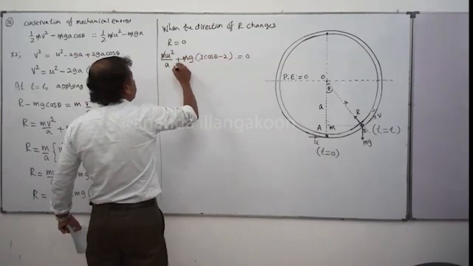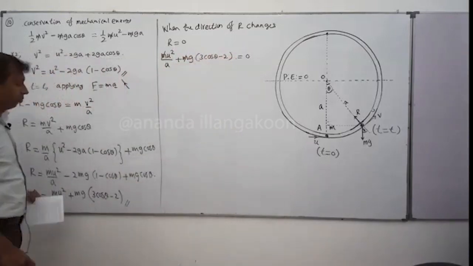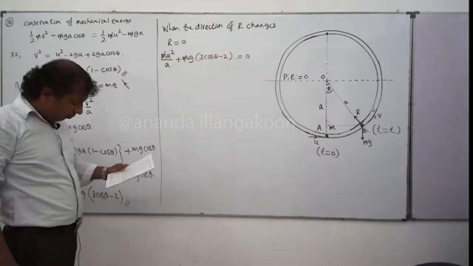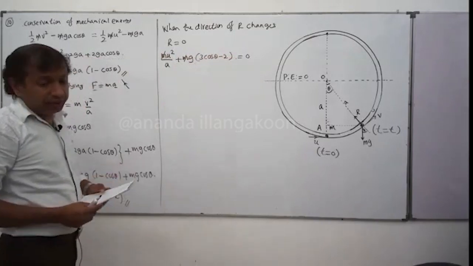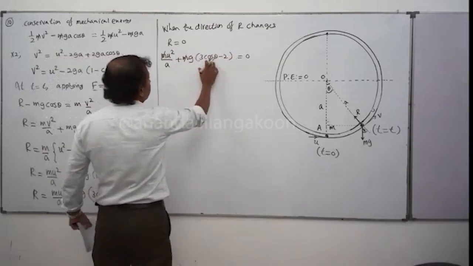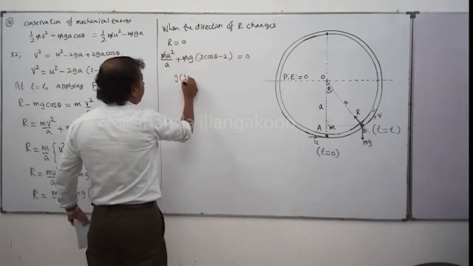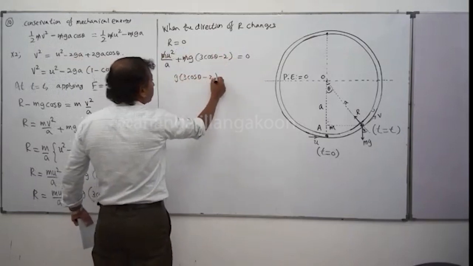Then you can cancel down. Then we are given that angle as alpha, but I keep that as theta. The subject here takes the right hand side, g times (3 cos theta minus 2).